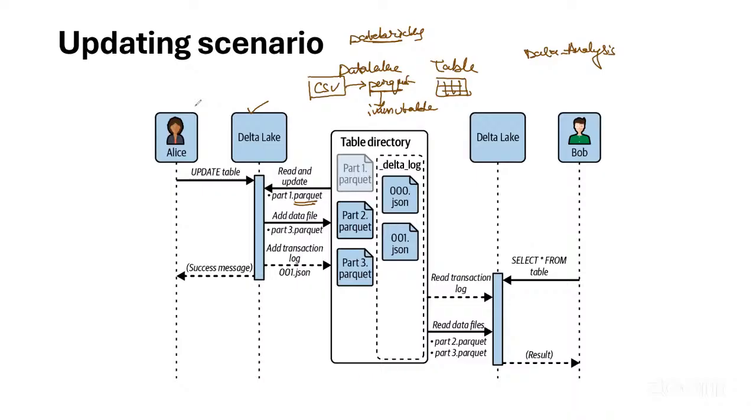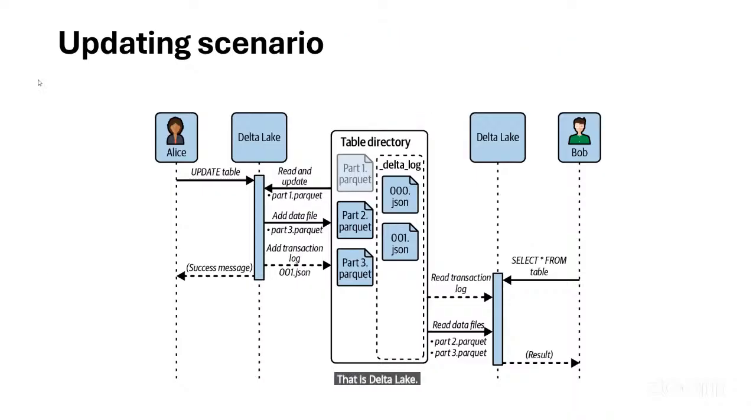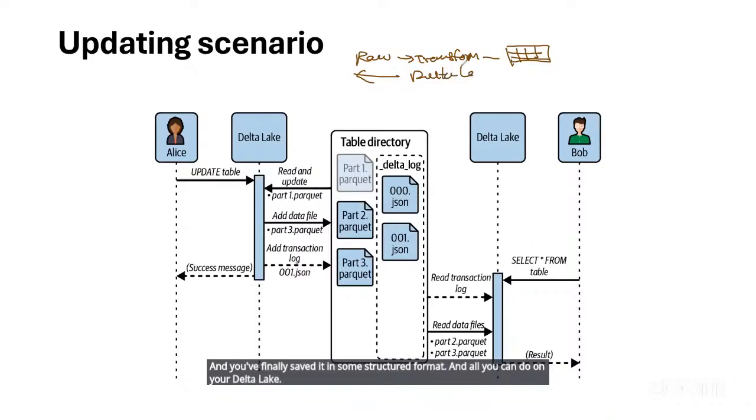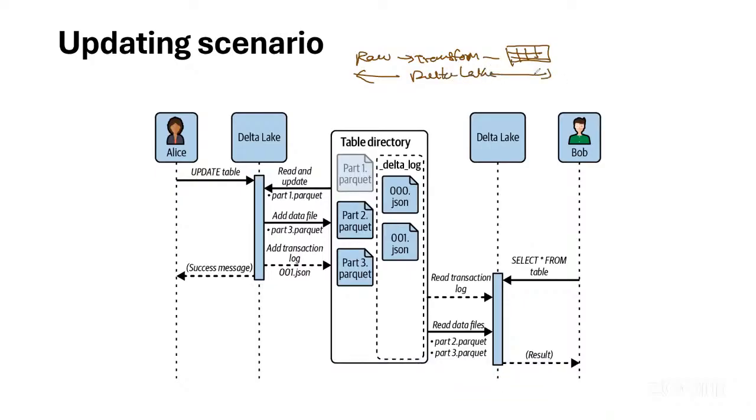That is Delta Lake. Clear, guys? You bring raw data, save it as it is, you transform, and you finally save it in some structured format. And all of that you can do on your Delta Lake on one single platform.